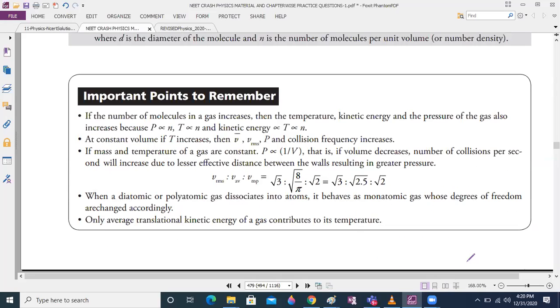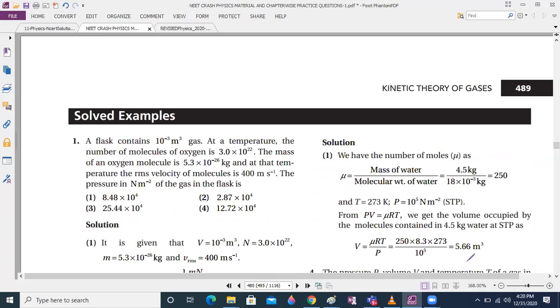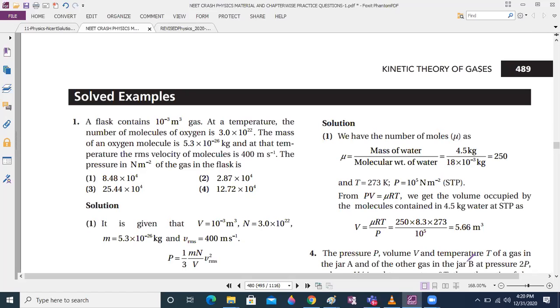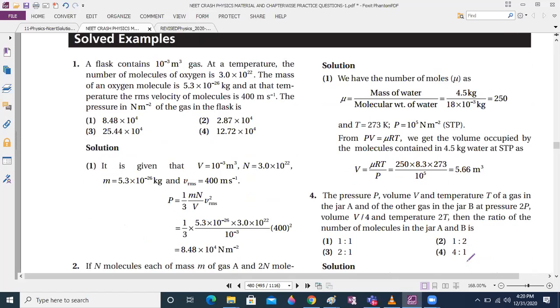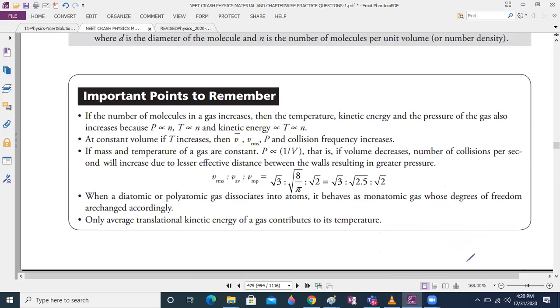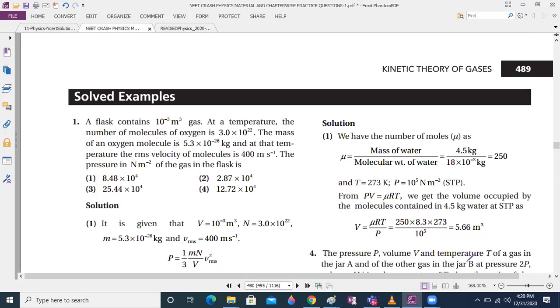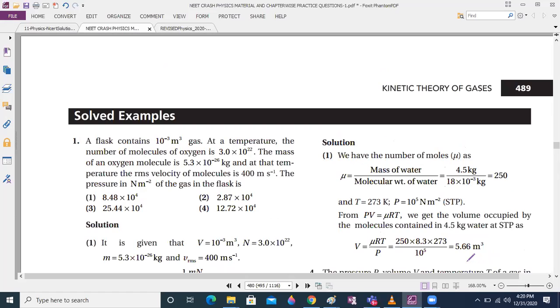The ratio for Vrms, V average, Vmp is root 3 to root 8 by pi to root 2. Some important values. Okay, we'll try this problem.